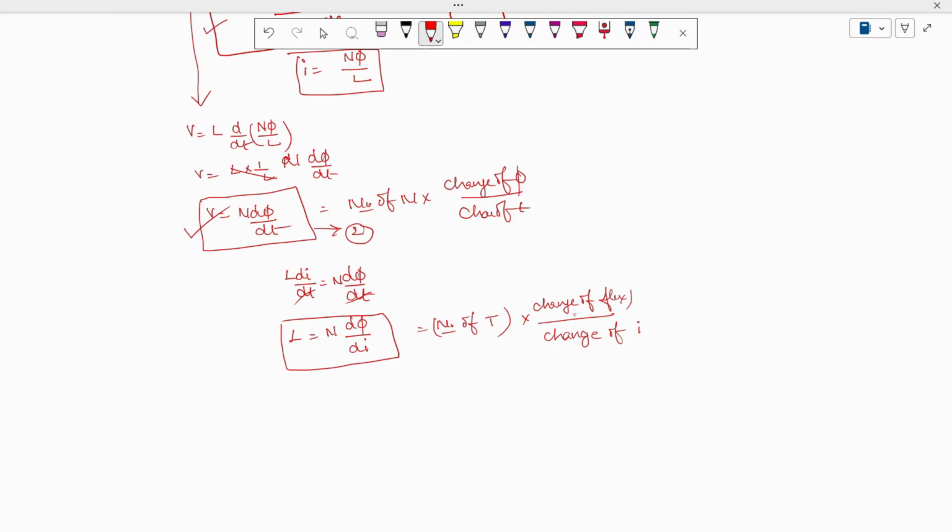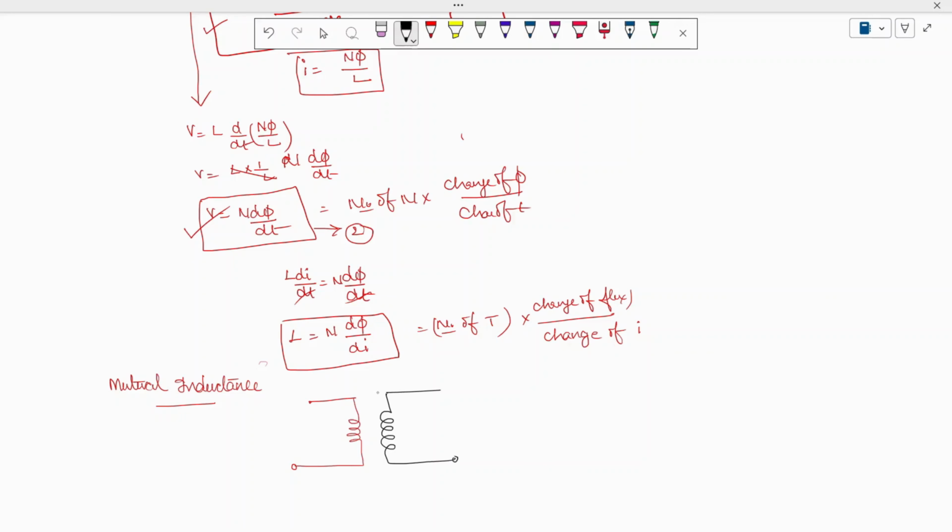So how are we going to talk about mutual inductance? When you have two coils, this is called mutual inductance. What is mutual inductance? It's very simple. I have a coil 1, and I have another coil. Just to differentiate, I am drawing them separately.